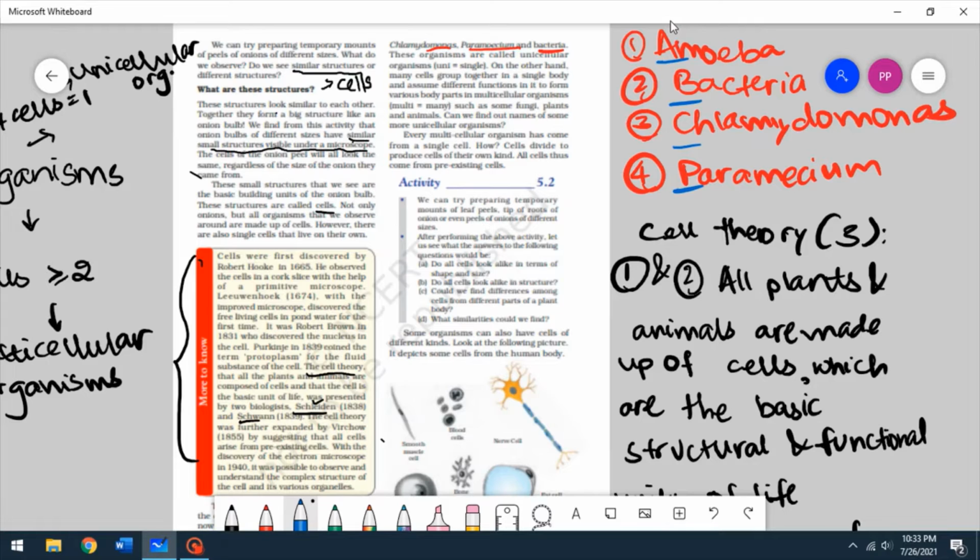Alright, moving on. Many cells group together in a single body and assume different functions in it to form various body parts in multicellular organisms. So in unicellular organisms, we saw that there is only one cell that lives on its own, right? In that cell there are different organelles.